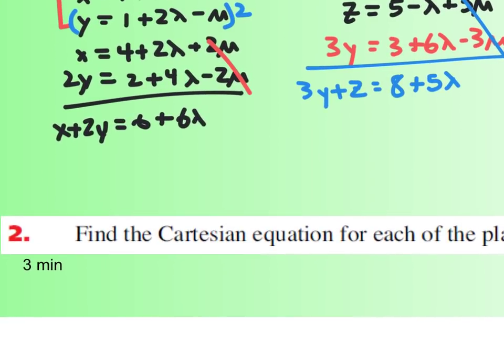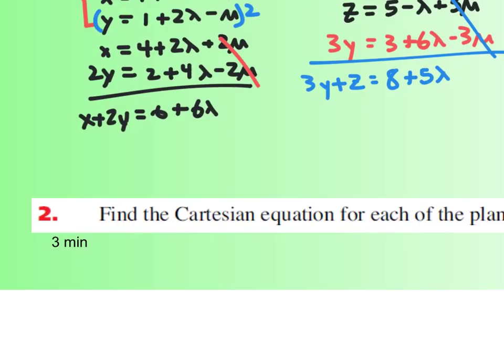Now I'm going to eliminate lambda. There's typically no easy way to do it other than multiplying both by some factor. In this case, I'm going to multiply this one by -5 and this one by +6. I want them to be opposite signs.